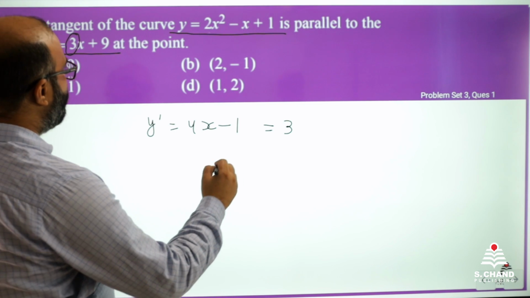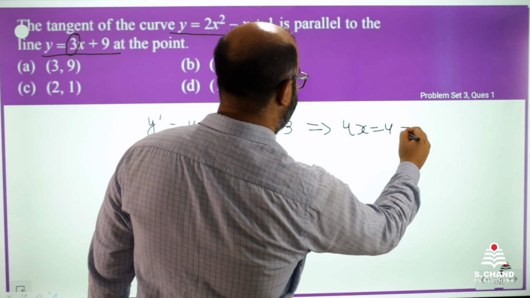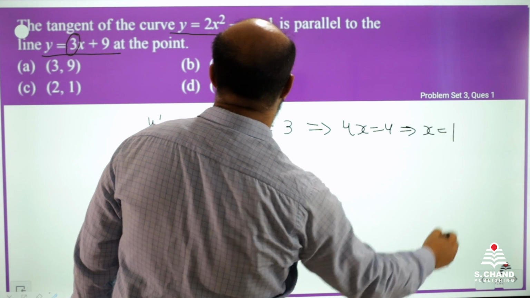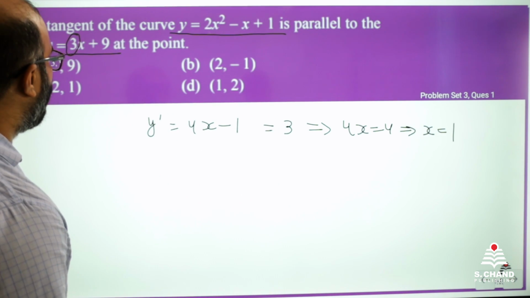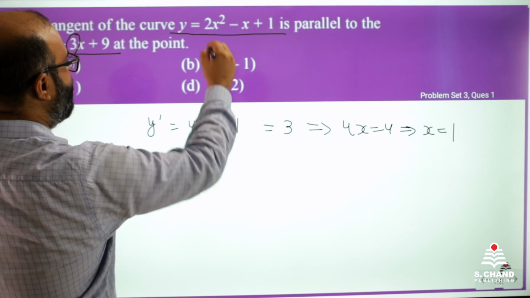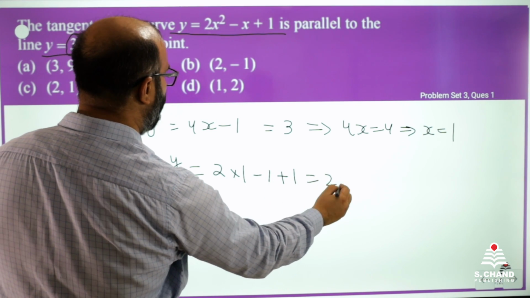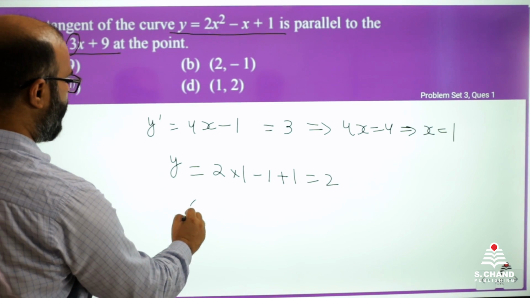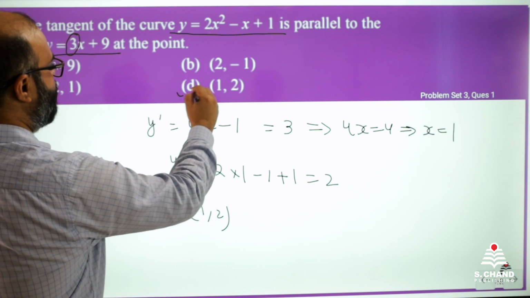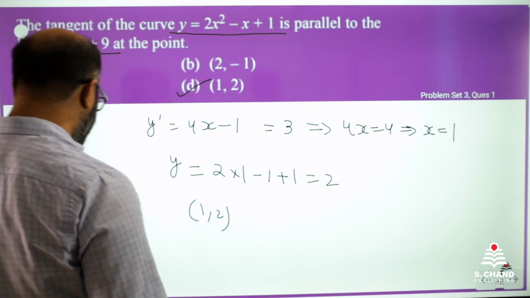Now if you get this, you get 4x is equal to 4, which means x is equal to 1. Now after getting x is equal to 1, you can get the value of y. Y is 2 into 1 minus 1 plus 1, which will be 2. So the point is 1 comma 2 here. This is the point D. Let us come to the next question.